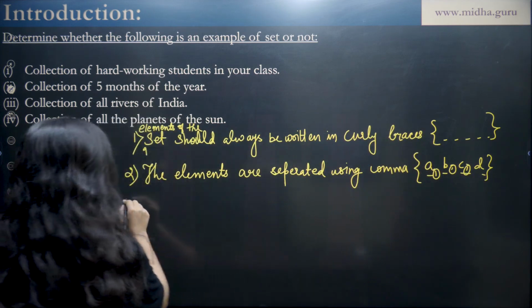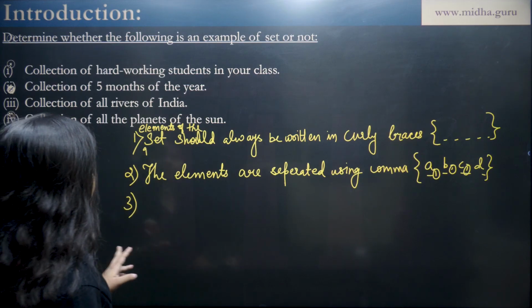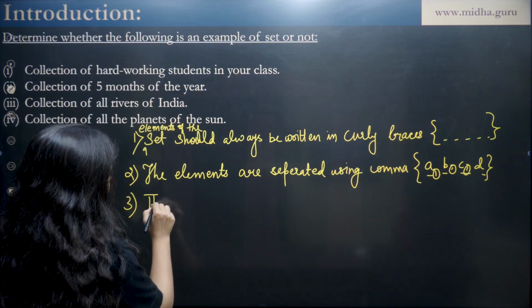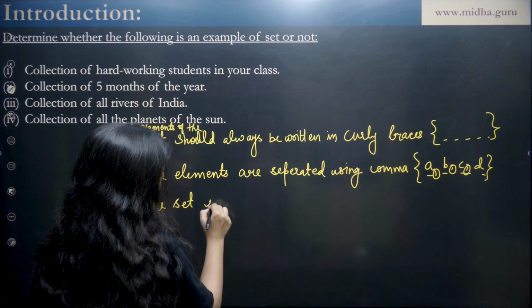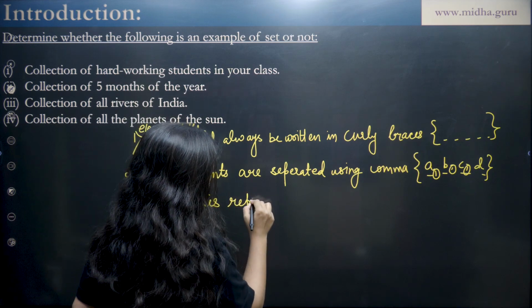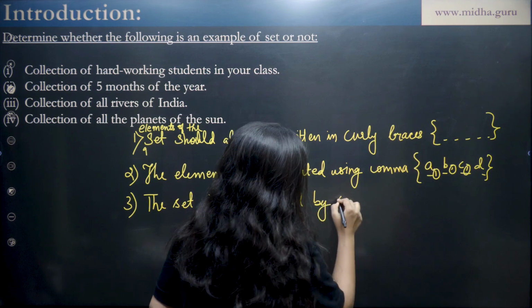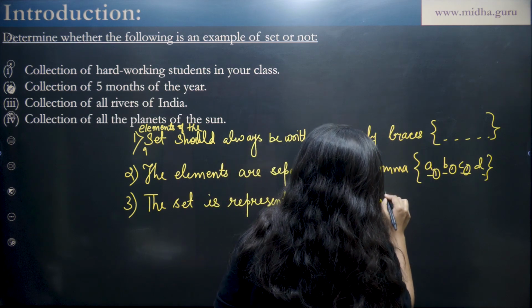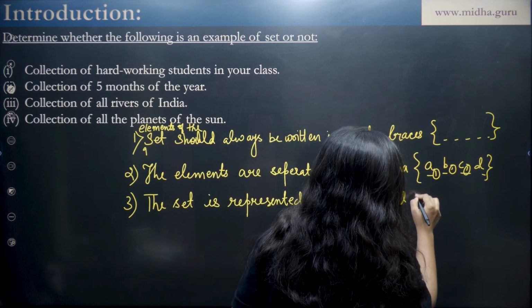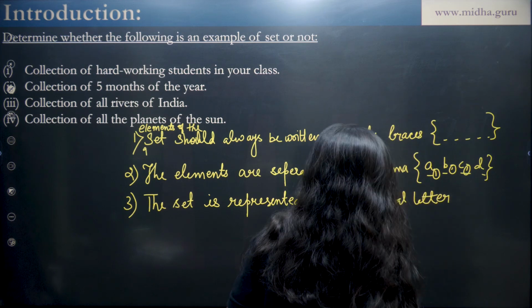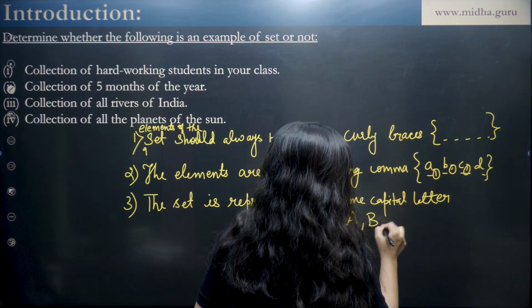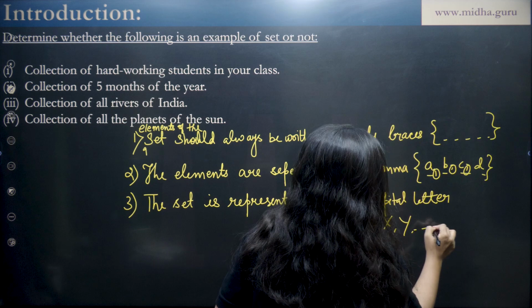Okay. Third thing that is important is the set is represented by some capital letter like A, B, X, Y, anything.